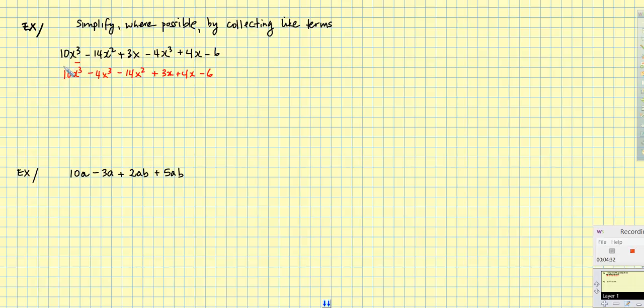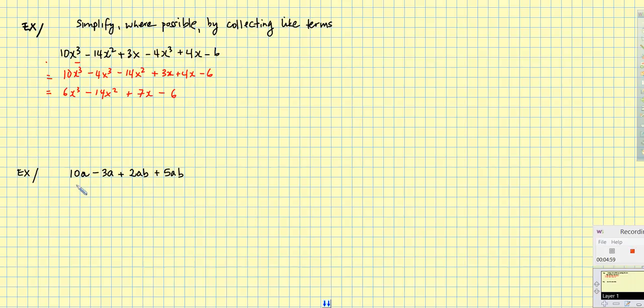So 10x cubed minus 4x cubed will give me 6x cubed. Then negative 14x squared is just negative 14x squared because there is no other x squared. And 3 plus 4 will give me plus 7x. The coefficients are added because we have the same variable, and then minus 6.